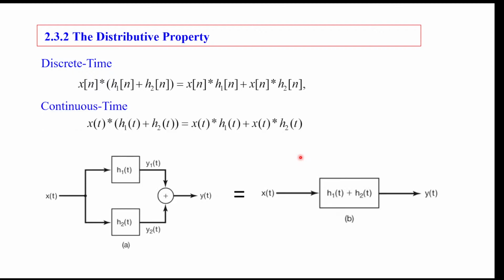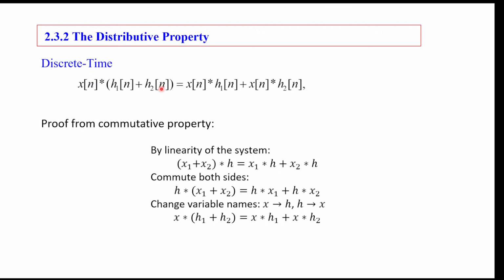About the distributive property here, what we are doing is a bit different. It's distributed on the second argument. To get distributivity on the first argument or on the second argument, you just use the commutative property.